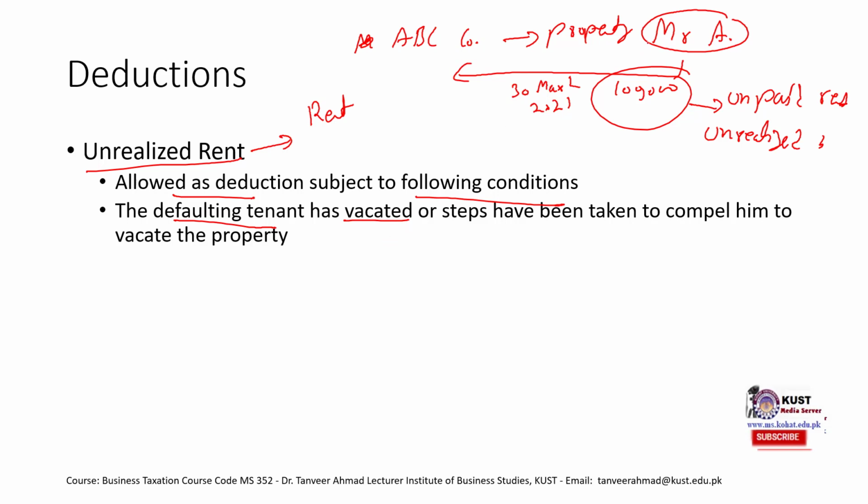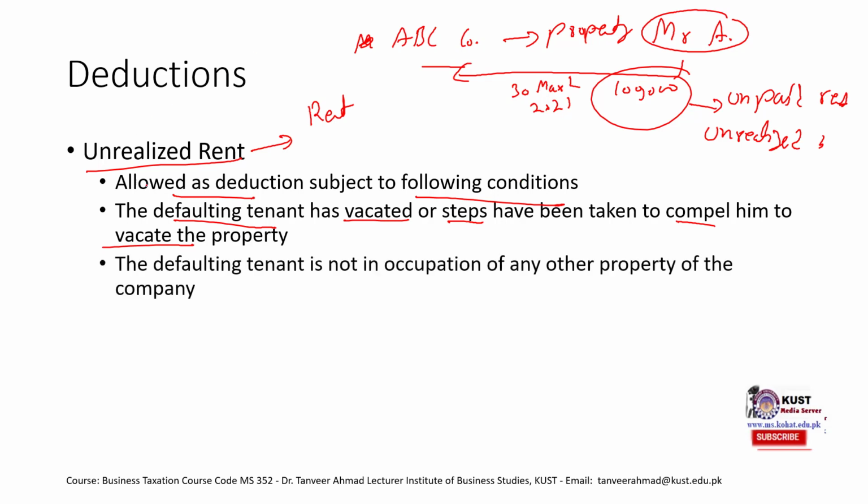So Mr. A should have vacated the property, or the ABC company should have taken the steps that would compel him to vacate the property. Let's just say they might have launched an FIR report, or they might have complained to the authority. So the evidences of these actions should be available.